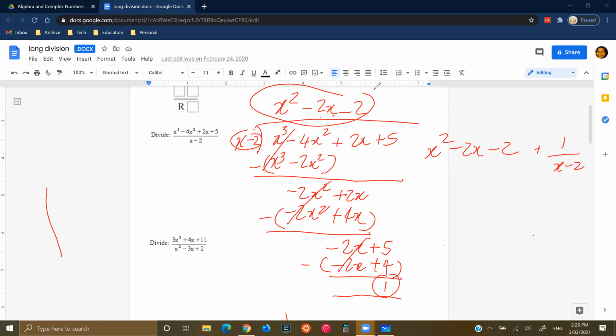Oh, there is a question, one moment. Can't you just factor out and cancel? Good question. This is a cubic. Do you know how to factor a cubic? If you do know, that's absolutely fine. You can factor out.